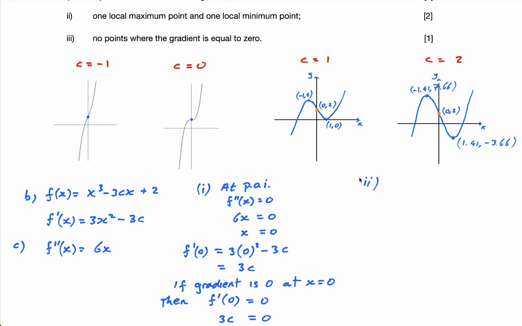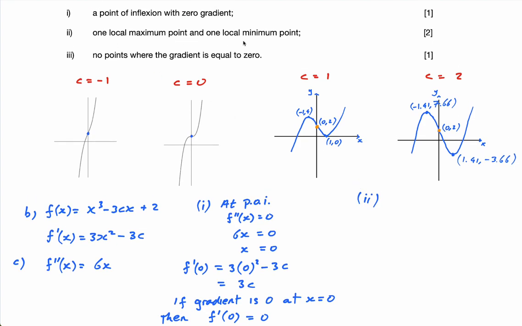Part 2. 1 local max and 1 local min. Right, if it has 1 local max and 1 local min, that means the first derivative has to equal 0, and there should be two solutions. So I need 3x squared minus 3c equals 0. If it has 1 local max, 1 local min, that means it has 2 stationary points. So I should have 2 solutions here. So I have 3x squared equals 3c. 3's cancel. x squared equals c.